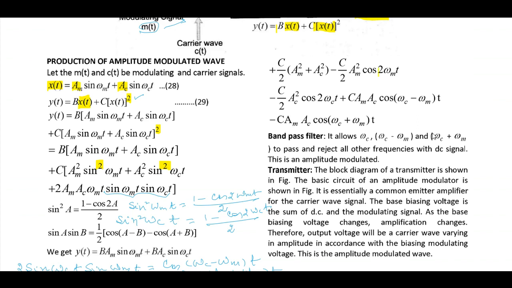I got one frequency, 2 omega m t, another frequency, 2 omega c t, by opening up this expression. And then we got these two frequencies, omega c minus omega m and omega c plus omega m.